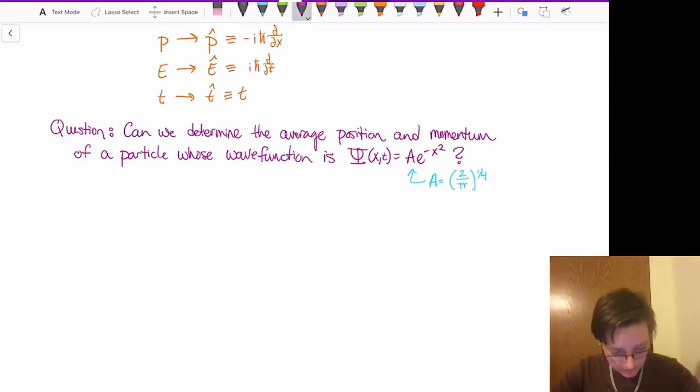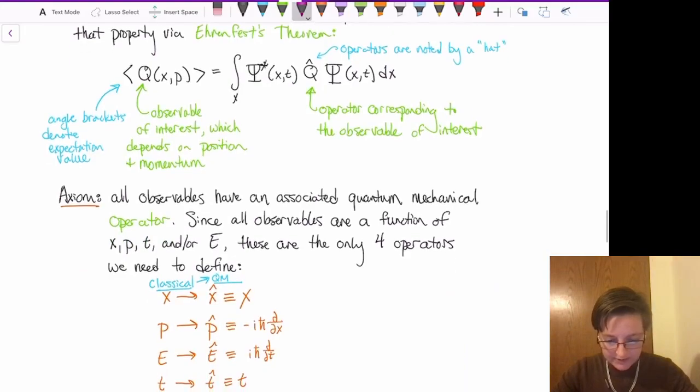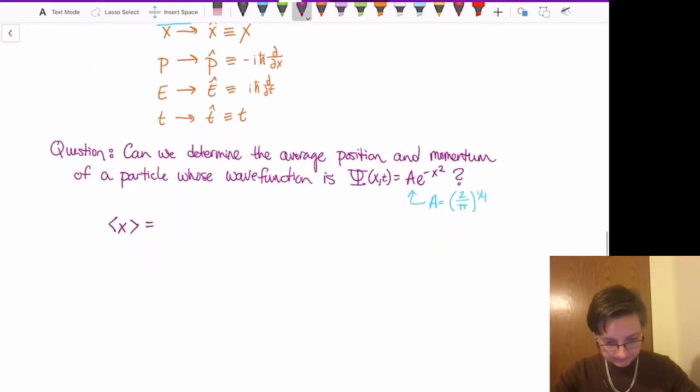Okay, so here we're going to try and determine the average position of the particle. And so the first thing that we should do is scroll back up one more time to Ehrenfest's theorem and say, okay, our observable of interest is the position, so Q is equal to x, and that means that Q hat is equal to x hat, and we're going to surround Q hat by the wave function.